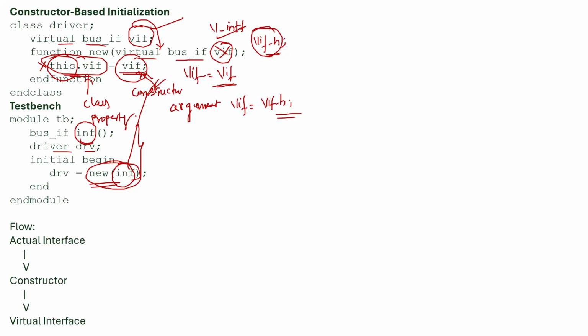So this is the actual interface. So through constructor we are calling the virtual interface. In this way we are calling the virtual interface through constructor. Constructor pointing that physical interface, this physical interface going to the constructor handle, this constructor handle is pointing this virtual interface.